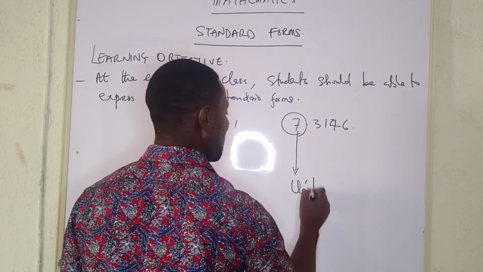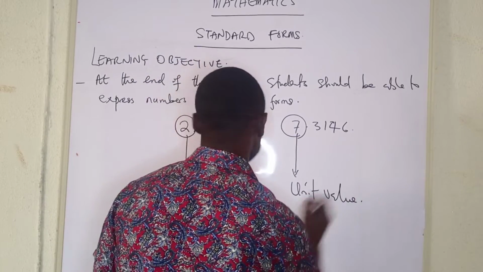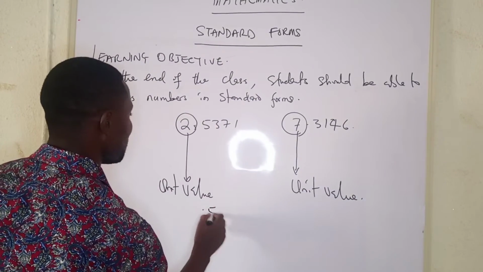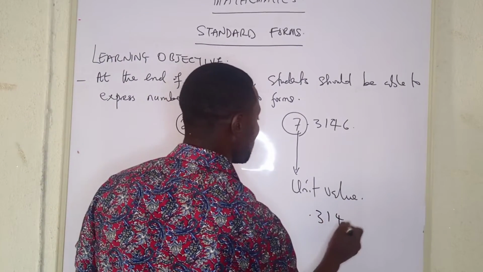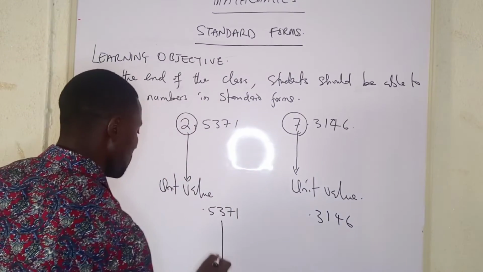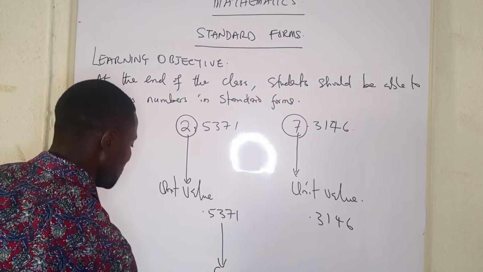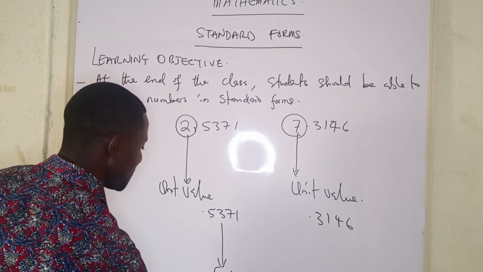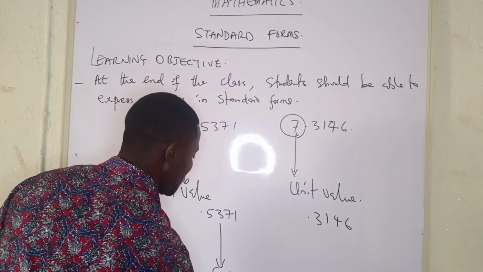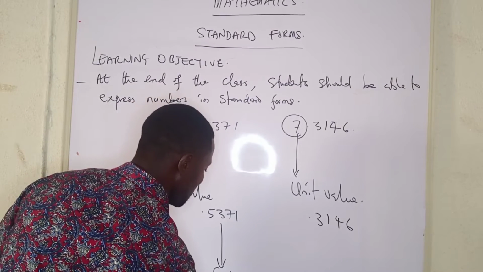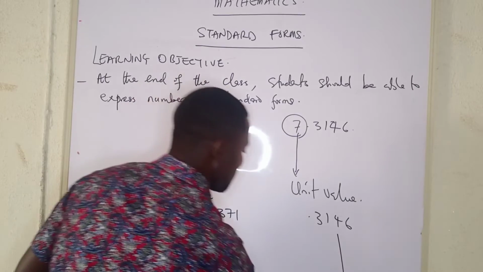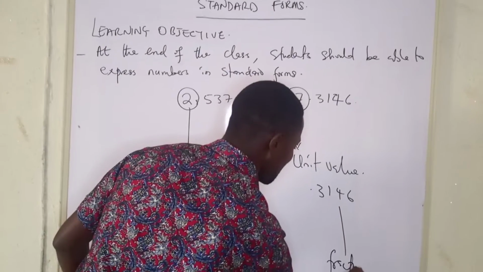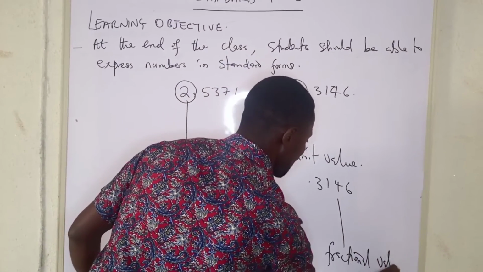While the 0.5371 and 0.3146 are all called the fractional values.